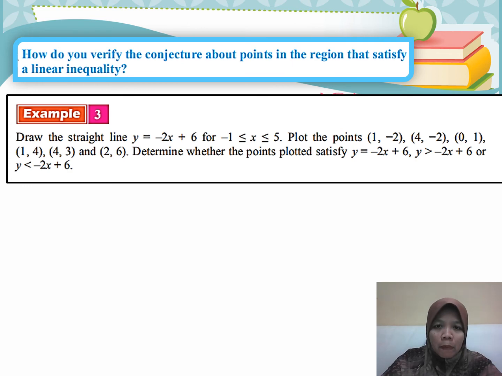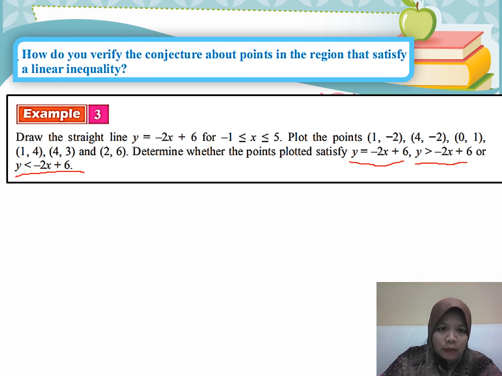Then plot the points (1, -2), (4, -2), (0, 1), (1, 4), (4, 3), and (2, 6), and determine whether the points plotted satisfy y equal to negative 2x plus 6, or y greater than negative 2x plus 6, or y less than negative 2x plus 6 here.